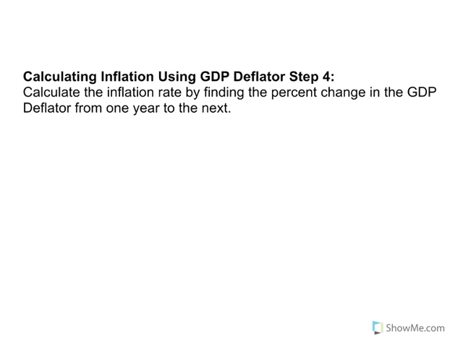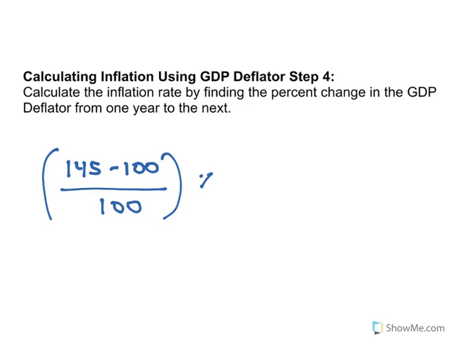And luckily, getting the inflation rate is no different than how we would have with CPI once we calculated those price levels. We just find percent change. So it's new minus old divided by old times 100. And so the inflation rate from 2009 to 2010 was 45%, which we know would be insanely high, right?